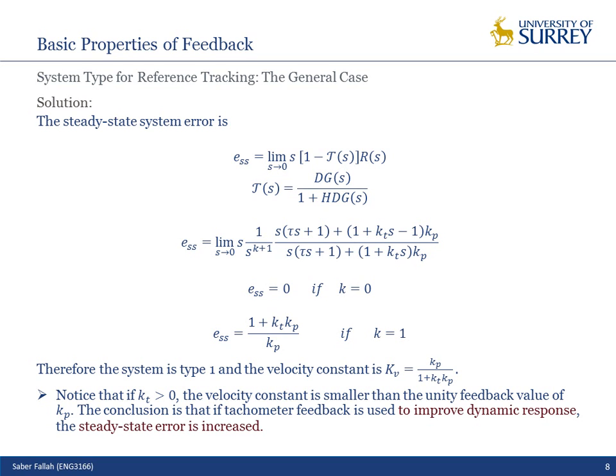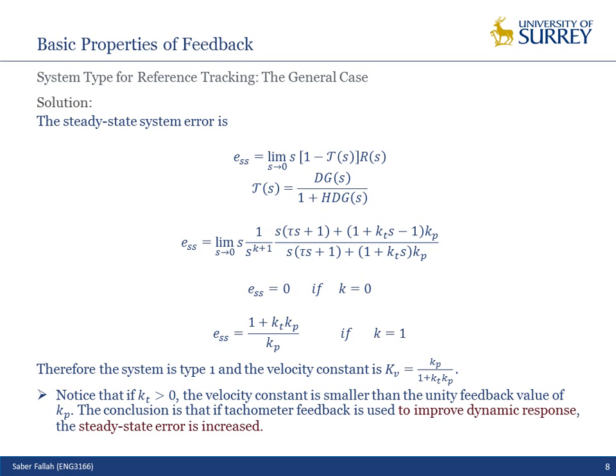The system can respond quicker to changes in input. There can be less overshoot, lower rise time, lower settling time, depending on what we want to say. But usually if using the tachometer, I can get better dynamic response.